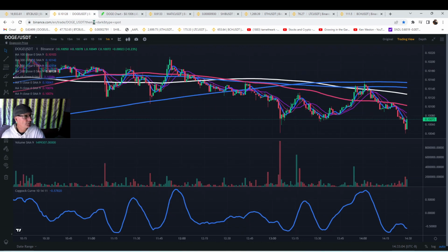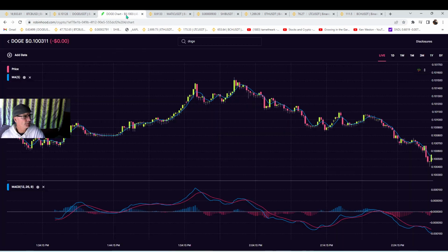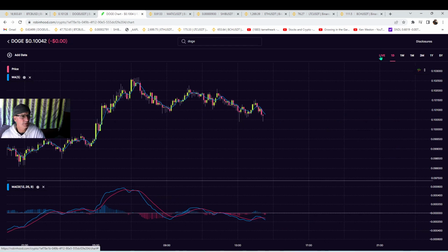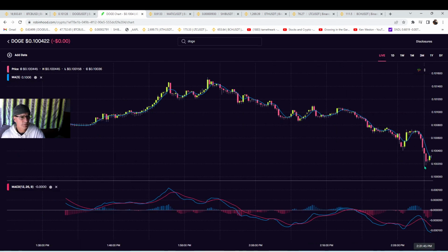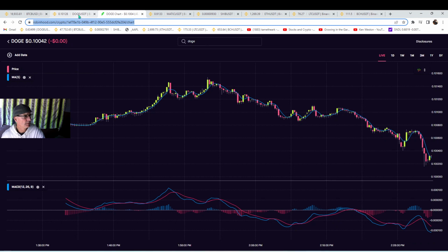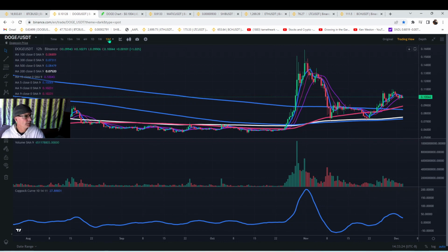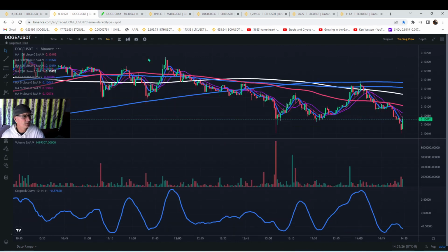This Dogecoin chart, let's see, Dogecoin there at 10.0072. The charting isn't right, is it? This charting is acting up. It doesn't look right. Let's go up here. Let's go 12 hours. And let's go back to 1 hour or 1 minute.